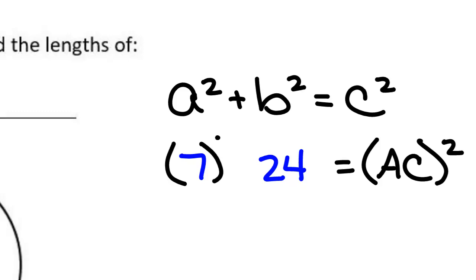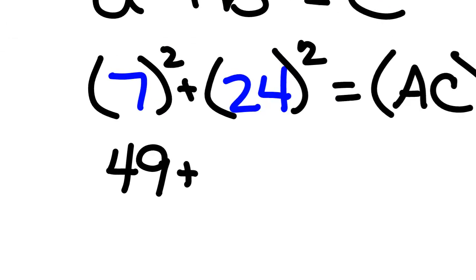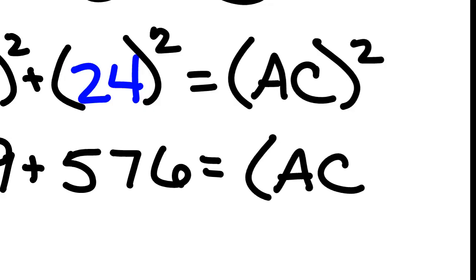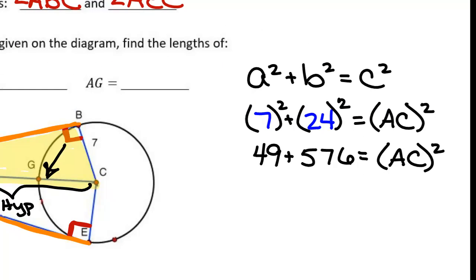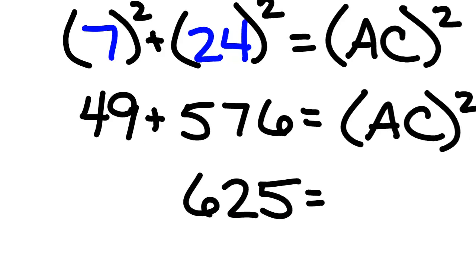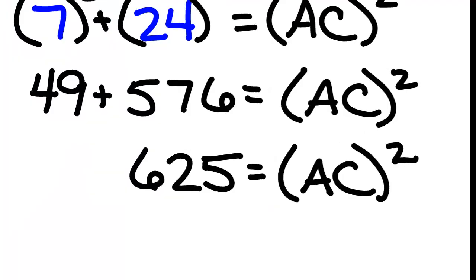So we would have 7 squared plus 24 squared equals AC squared. I know 7 squared is 49. What is 24 squared? 576 equals AC squared. What do we get when we add 49 and 576? 625 equals AC squared.